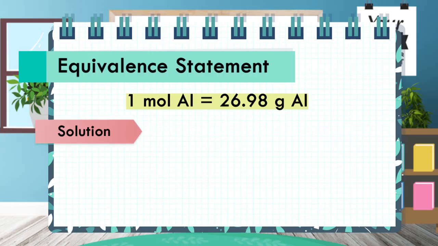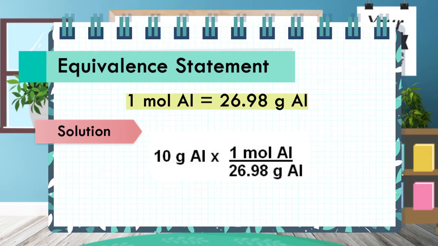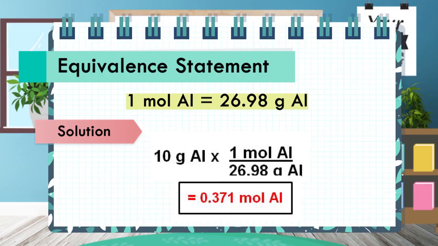Here's the solution to get the number of moles. 10 grams of aluminum times 1 mole of aluminum divided by 26.98 grams of aluminum is equal to 0.371 mole of aluminum.